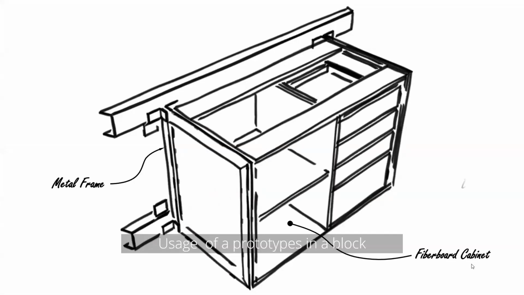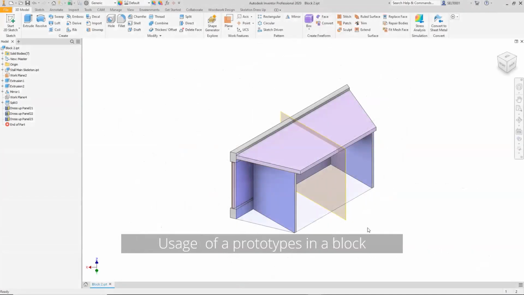Okay, so we already have the metal structure, we have some panels, but there is no cabinet, so we want to have a cabinet and we want to have drawers in that cabinet. That is our design idea. So we will go back to the block level, and here we can apply some additional geometry in order to define the position and size of the block.